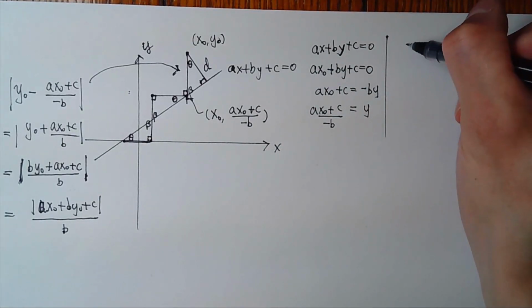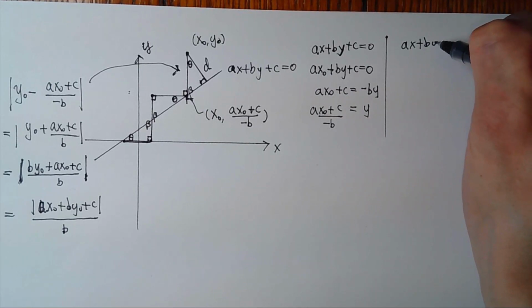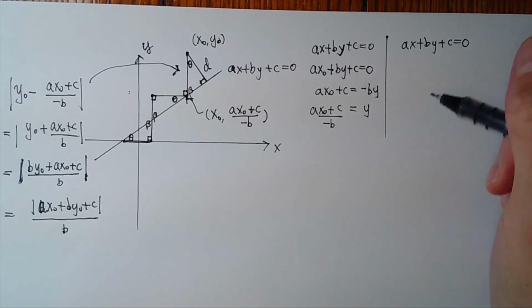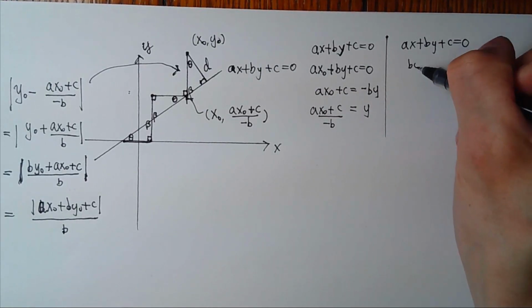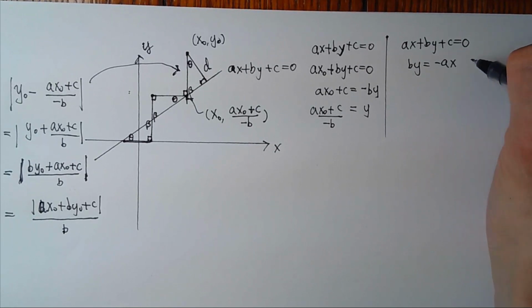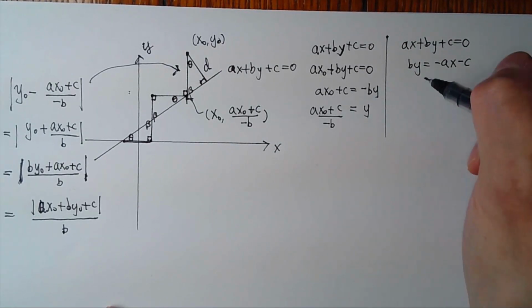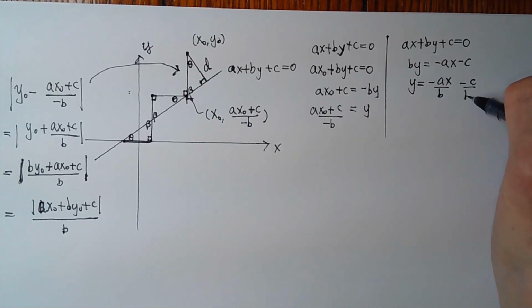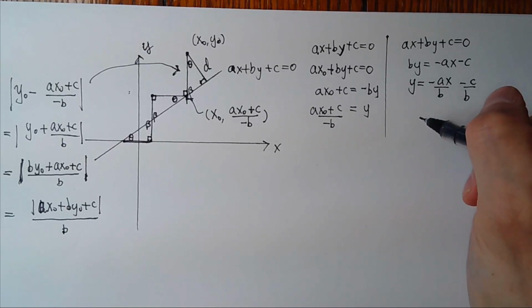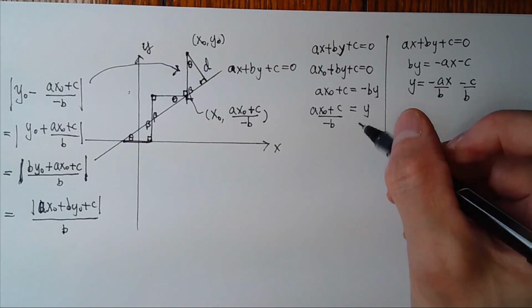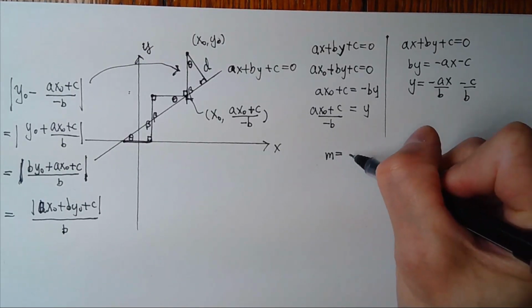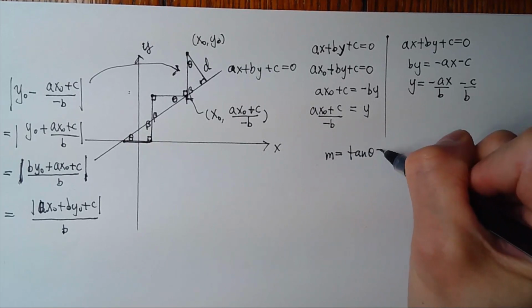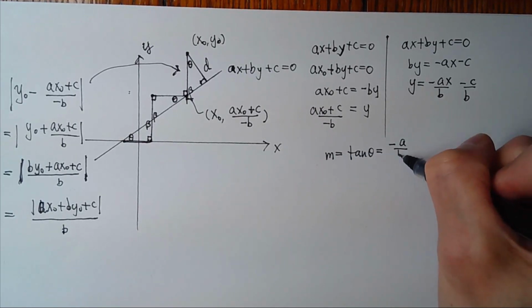So I have ax plus by plus c equals 0, and by equals minus ax minus c, and you divide both sides by b, so we have minus ax over b minus c over b. Well, the slope is tangent theta, which is minus a over b.